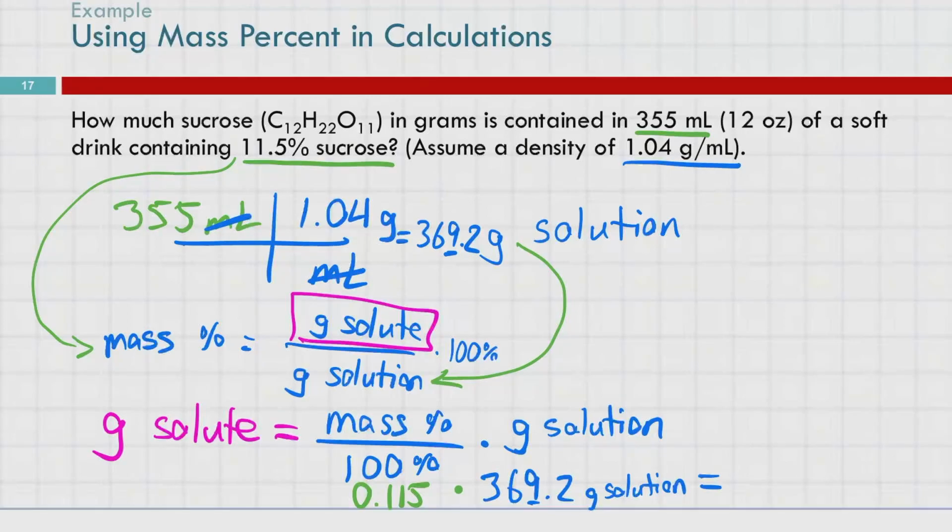So in our soda, whatever beverage we choose to drink, we've got 42.5 grams sucrose. It's kind of a lot.